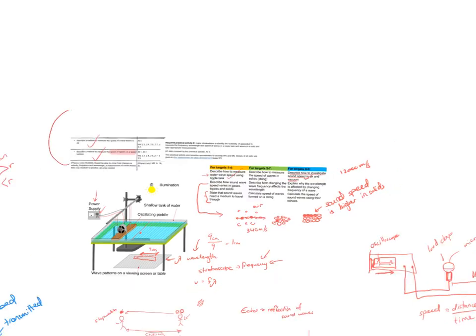So for this part, once again, if sound, for example, passes from air to water, and this is the boundary between them, the vibrations are at an angle. So we have the waves coming in this direction. This is your normal. And this is your angle of incidence.